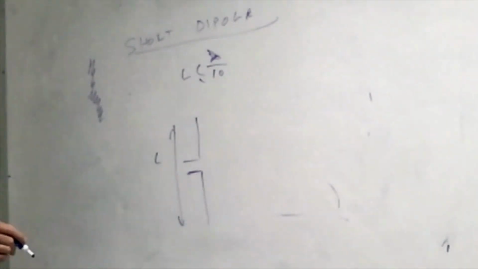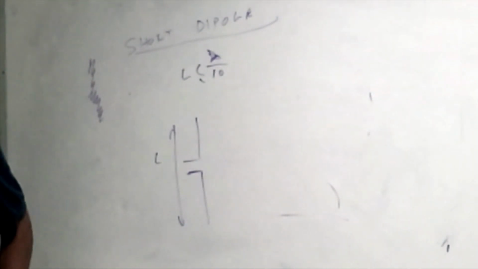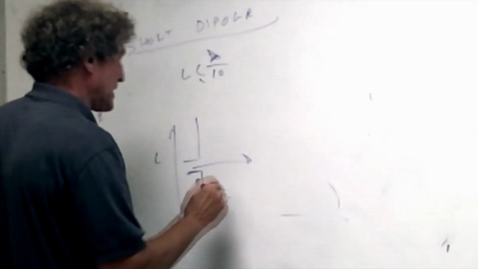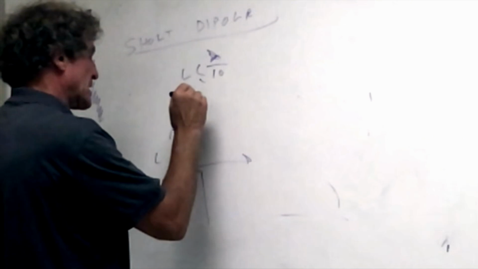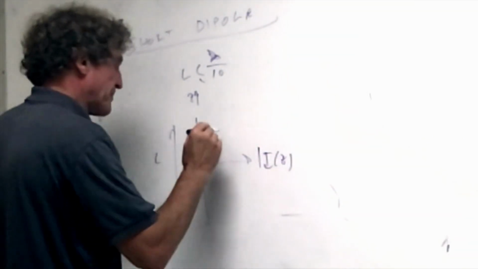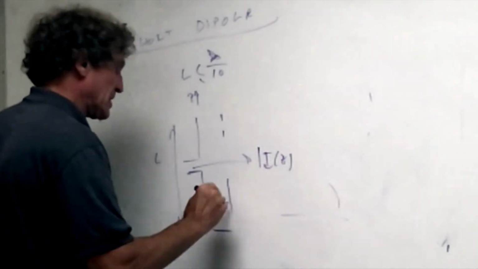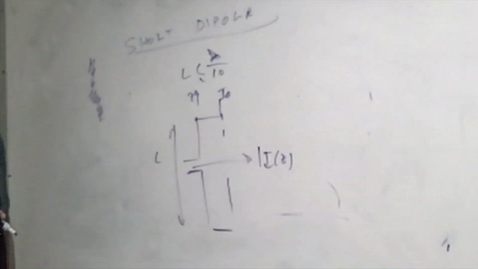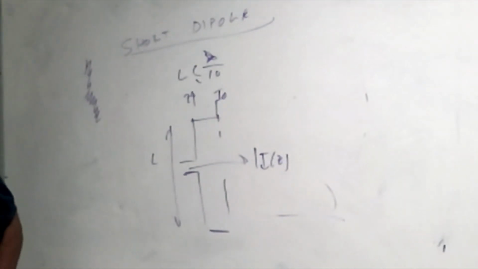Now, for an antenna like this, there are two ways to assume the current is distributed. The first is it's constant. Take a look here, this is the z-axis in this direction. Looking at the magnitude of the current I of z, the first way is to assume it's a constant value, some I naught. This is actually never going to happen in the real world, but they use this as a building block.